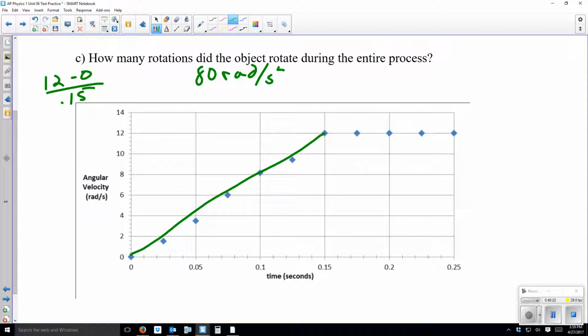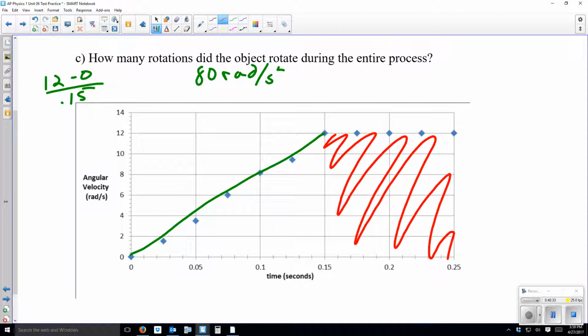So in this case, it looks like we've got a height of 12, and we've got a time of 0.1 seconds. So if we multiply those together, we should get 1.2 radians. And again, because our unit on the y-axis was radians per second, we end up with an angular displacement also in units of radians. You could also do kinematics there. I think that's probably a little bit extra work.